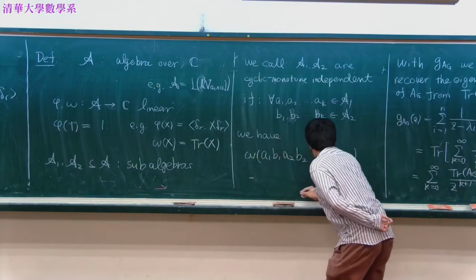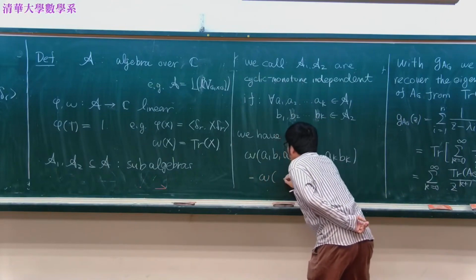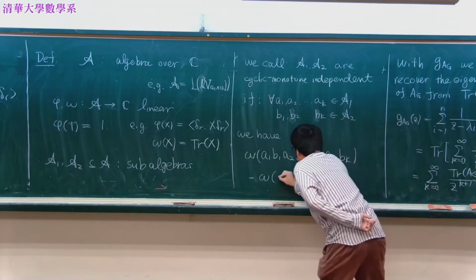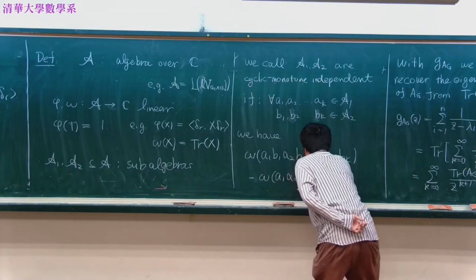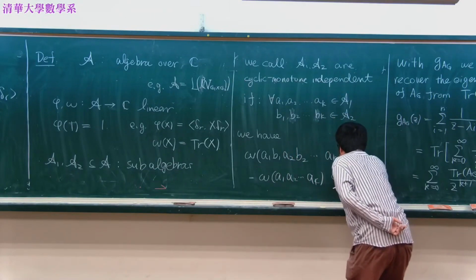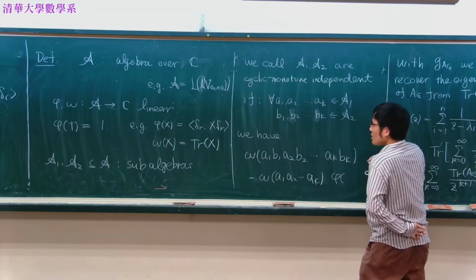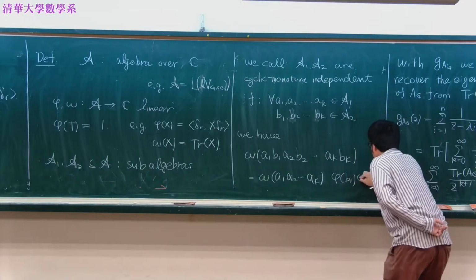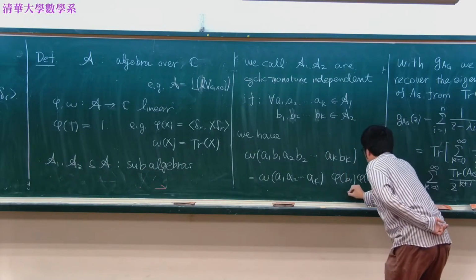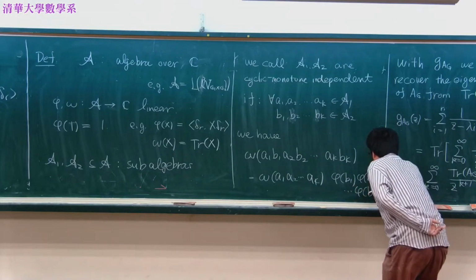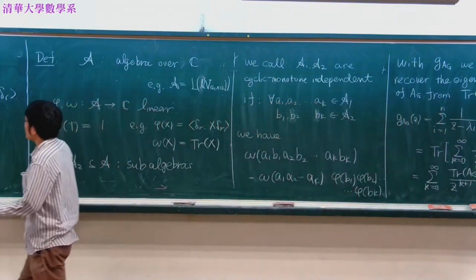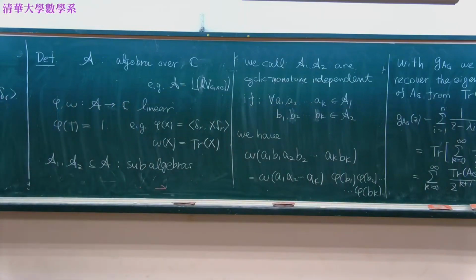This is computed by omega of A1, A2 up to AK times phi B1, phi B2, up to phi BK. This is an abstract version of the computations from here.